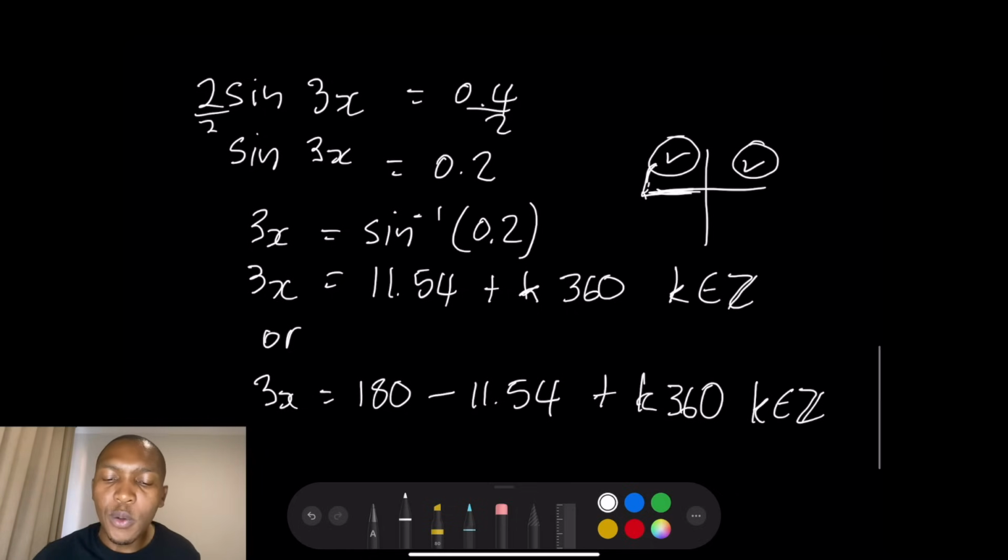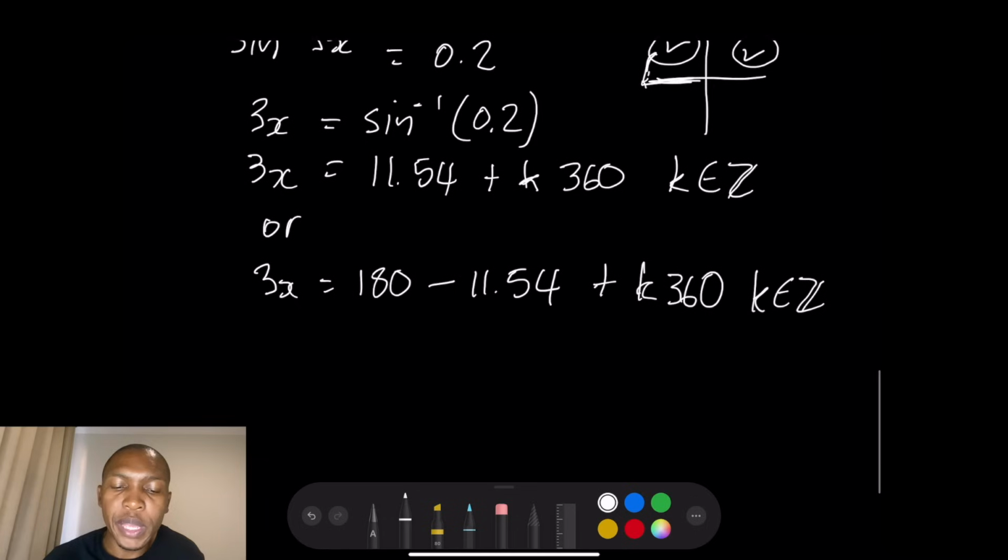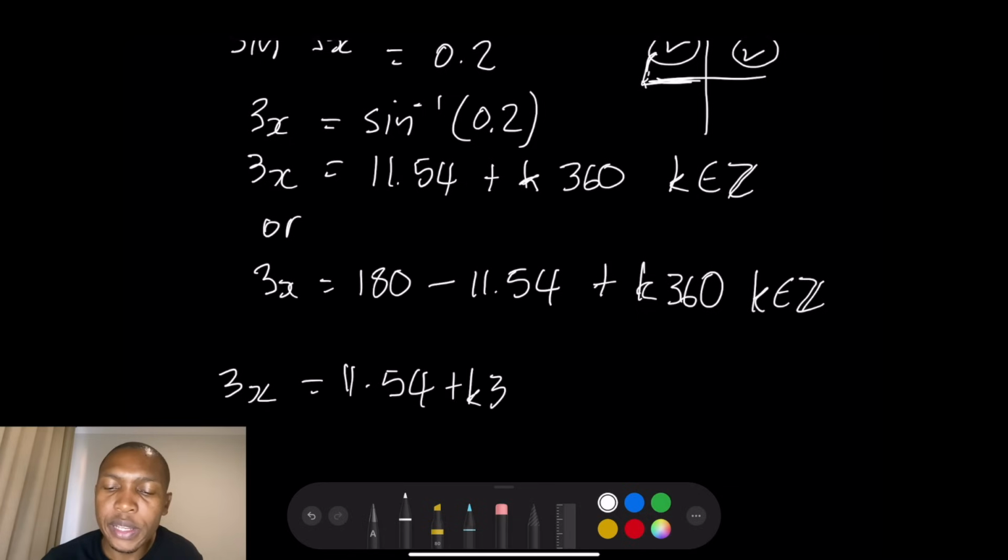Right, now let's try and solve for x. Unfortunately, I couldn't put them side by side next to each other, but I hope that you can understand that. So 3x is 11.54 plus k 360, and you'll see I always insist on saying k is an element of integers.